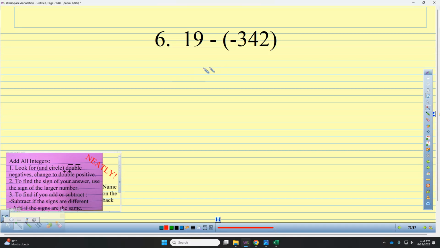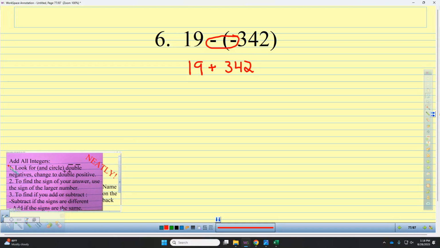Okay, so hopefully you wrote this out. If you have not, then you're not following my instructions, and that makes me sad. So we're going to rewrite this. Oh, sorry. Step 1, we circle the double negatives and we change them to a double positive, which I'm not going to put there because it is assumed that it's positive.